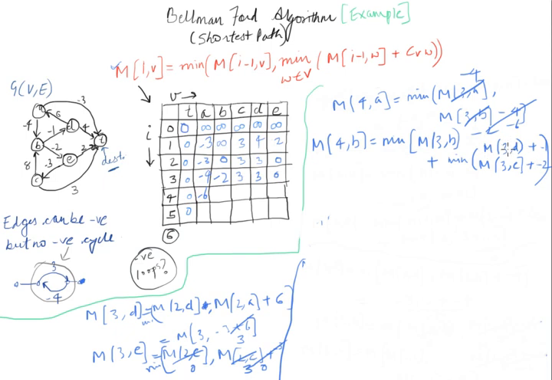M3D is 3, M3E is 0, so 3 plus minus 1 is 2, 0 plus minus 2 is minus 2, and M3B is minus 2, so the distance will remain minus 2 here.